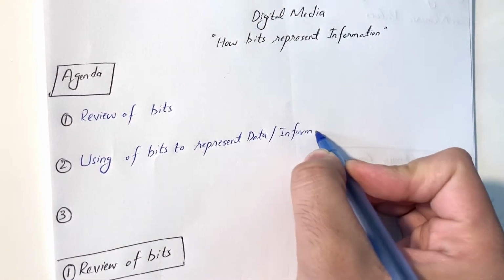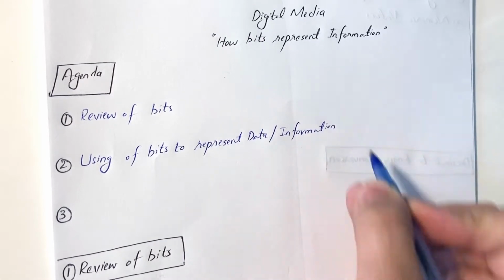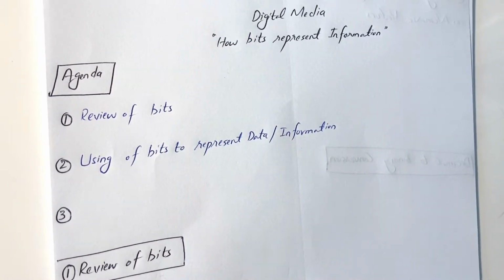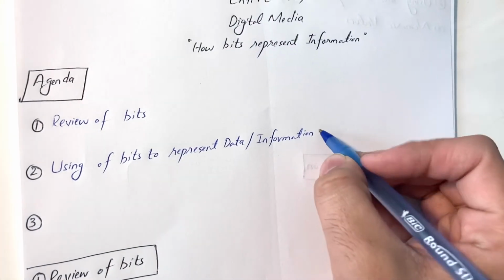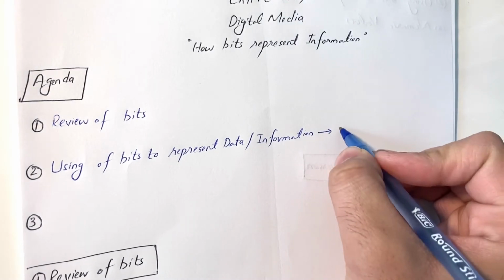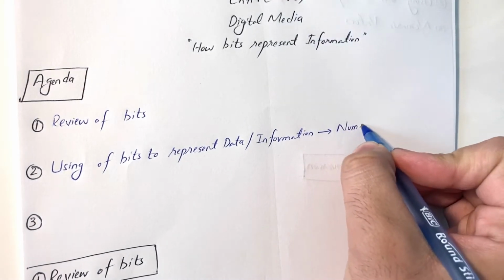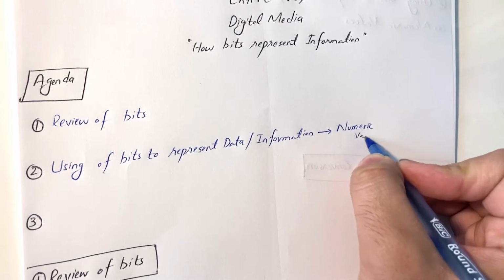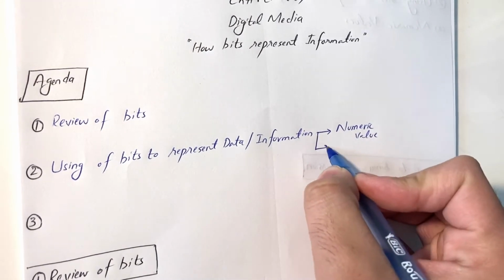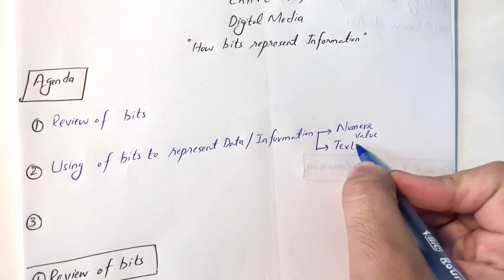So what kind of information can we encode? Because computers don't understand the human language. If you want to communicate with a computer, you have to encode the data into machine language or into binary data. So we will see how we can use bits in order to encode, for example, numeric values like numbers. We will see how we can convert a text into binary.